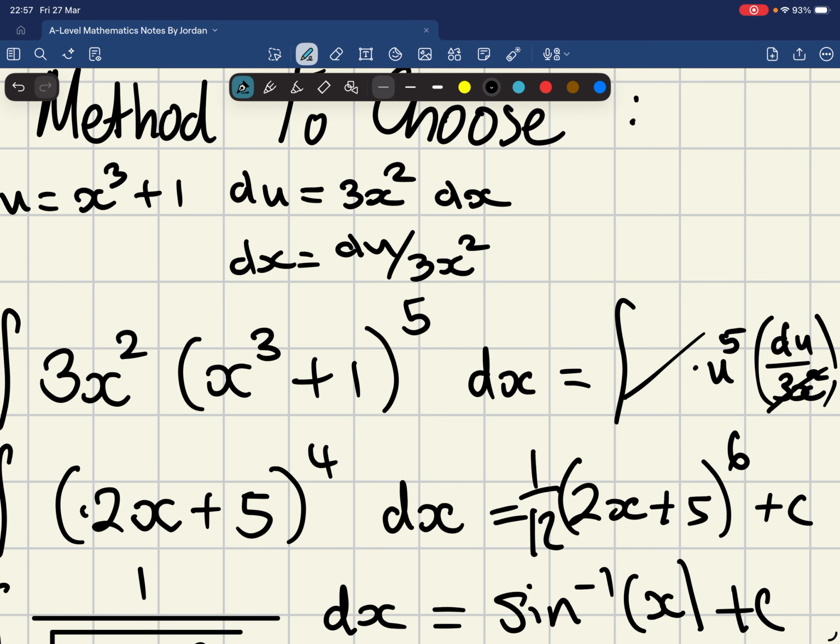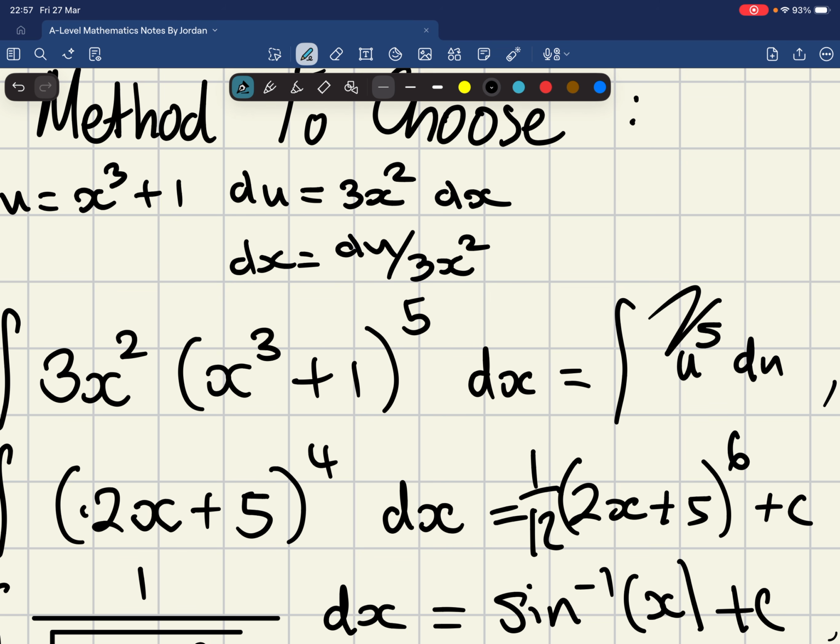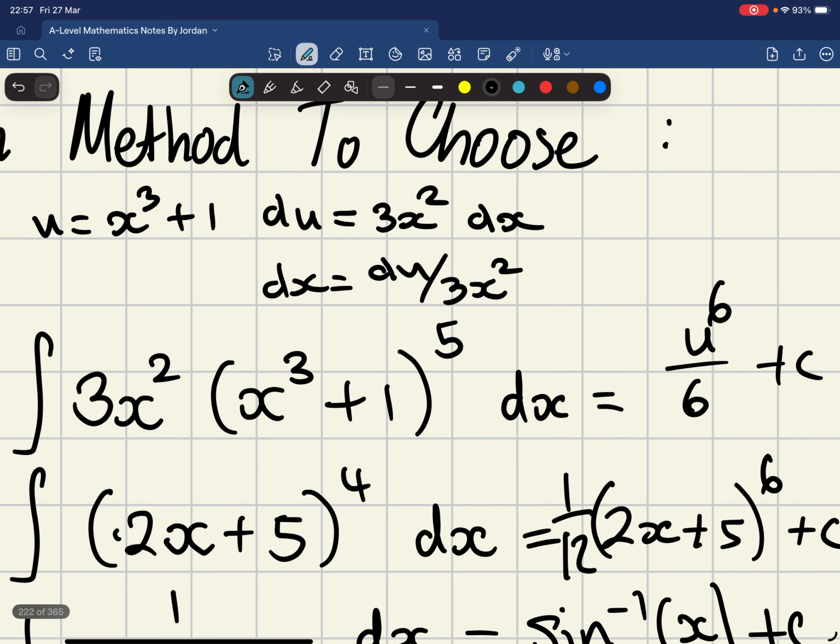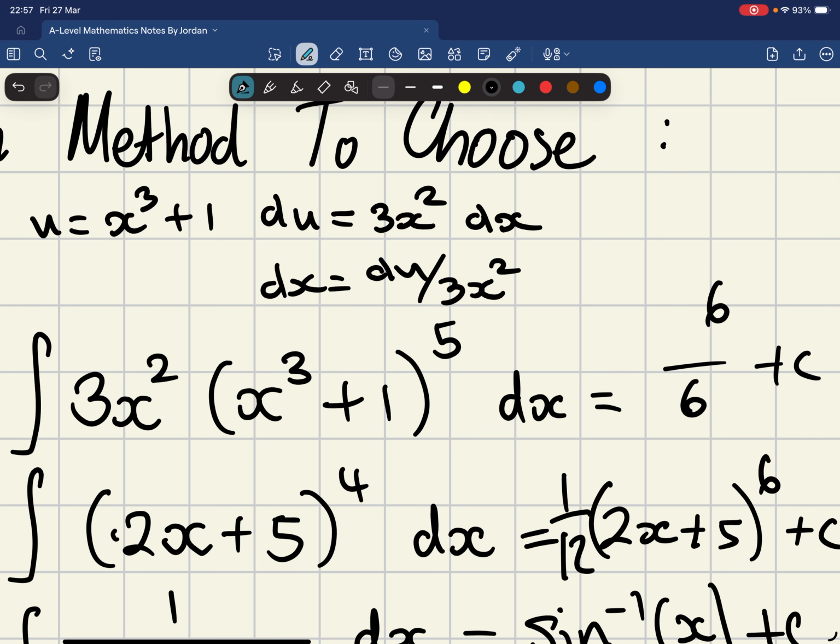And so it's just u to the power of 5 du. And then that's just u to the 6 over 6. And then just remember what u was, x cubed plus 3. So there you go, okay?